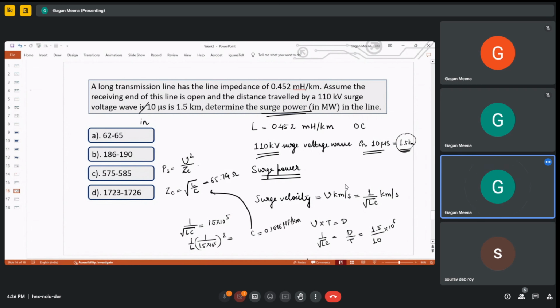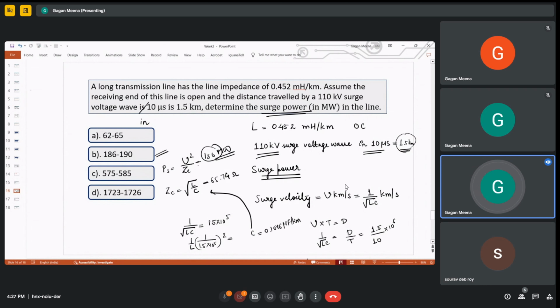So this will be the answer, it will come out to be between this one. How much will it be? Around 186 megawatts.